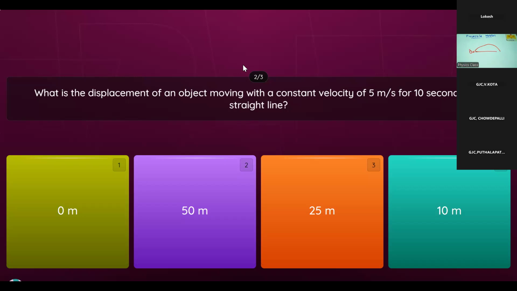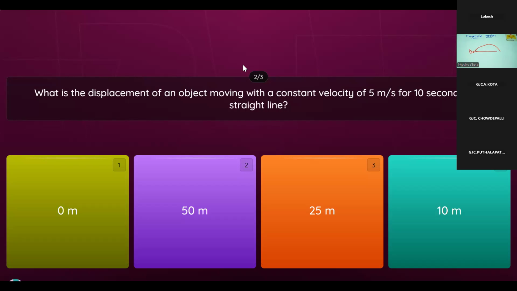Just look at the velocity value and time value. You already know the formula for displacement. Velocity is equal to displacement by time, then displacement equals velocity into time.